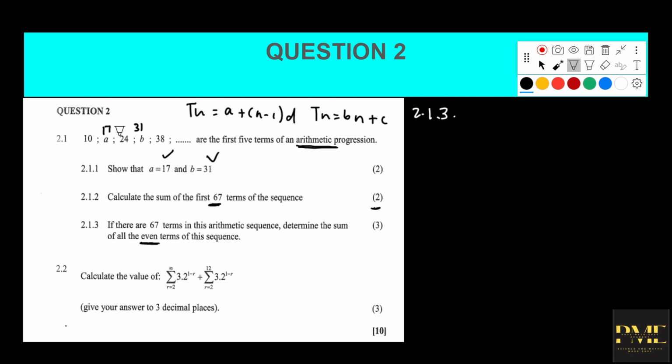Term ethu esithathu iyadivideka idivide u2, term ethu esi4 ayidivideki, term ethu esi5 iyadivideka idivide u2. So meaning if singa-generate nje i-sequence of ama-terms ethu adivideka divide u2, okay, so we can actually have u10 sibe noba no24 sibe noba no38.